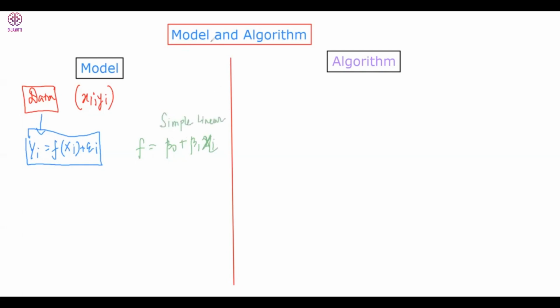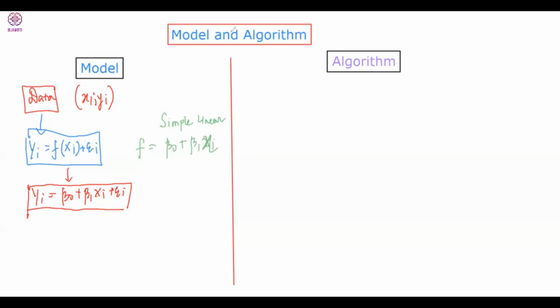Then you get yi is equal to beta naught plus beta 1 xi plus epsilon i. That is exactly simple linear regression, because you assume the relationship between y and x is simple linear. There is multiple linear regression too, where there are multiple terms. So this is the basic model based upon which we have developed the whole theory.